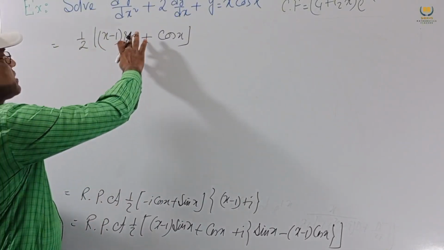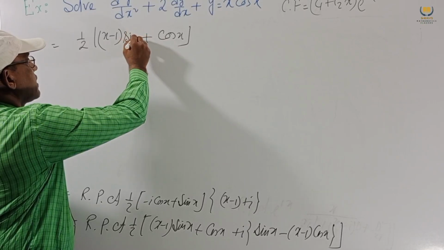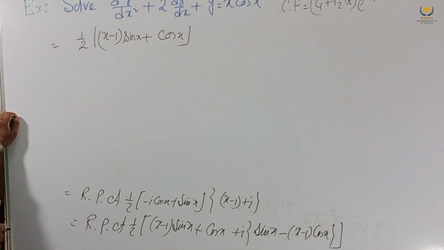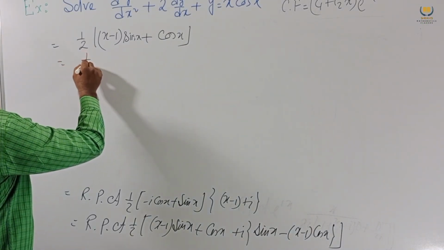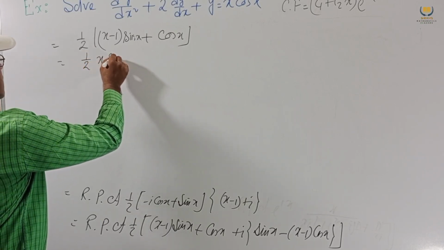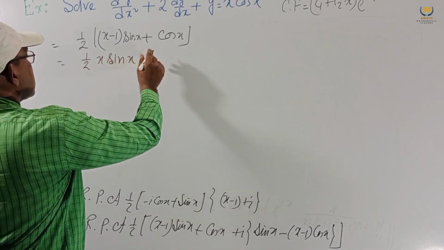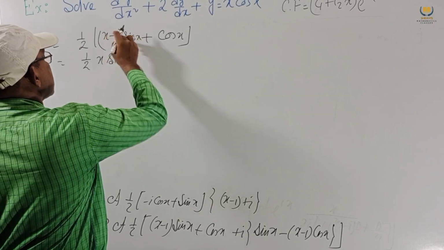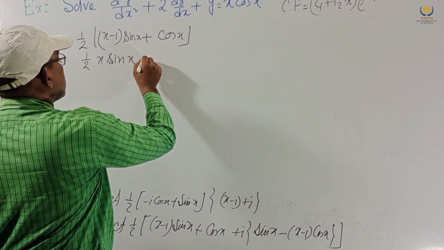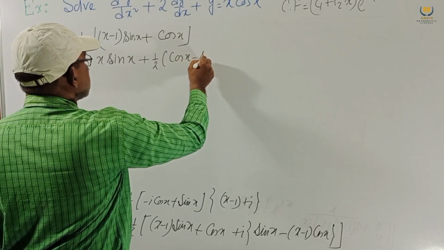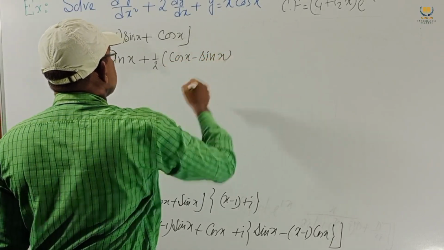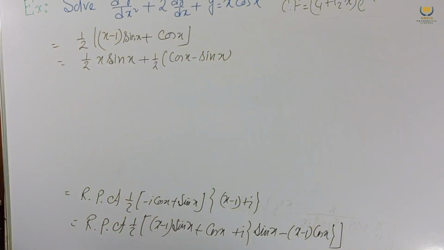If we multiply this, 1 by 2 x sin x minus sin x plus 1 by 2 cos x, we get 1 by 2 x sin x plus 1 by 2 (cos x minus sin x).